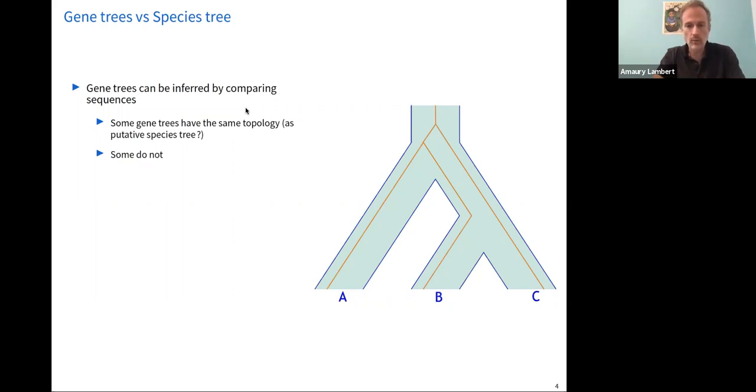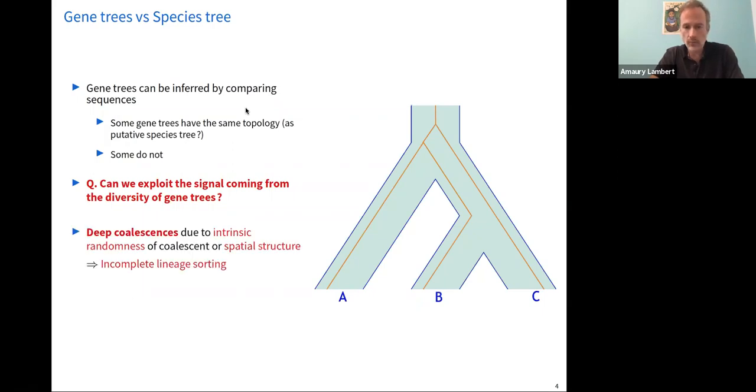And this is known as incomplete lineage sorting. So the question is whether we can exploit the signal coming from this whole diversity of gene trees to understand in more depth the diversification process.